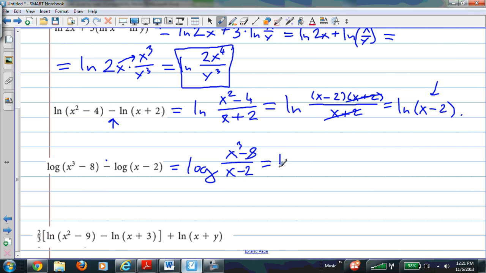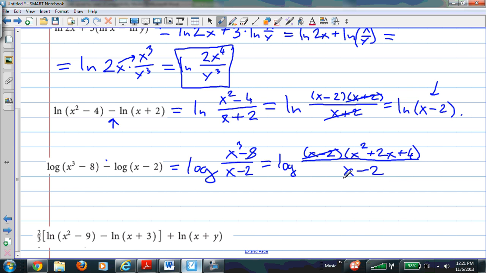Just as before, x cubed minus 8 could be factored using the difference of cubes formula. You can review that formula later, but that should give you x minus 2 times x squared plus 2x plus 4, divided by x minus 2.